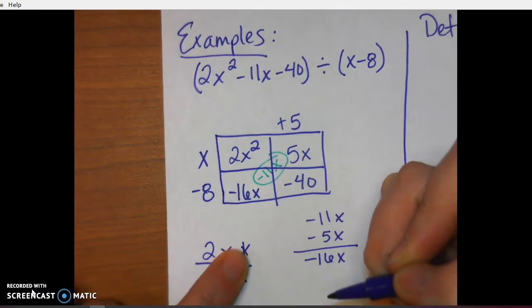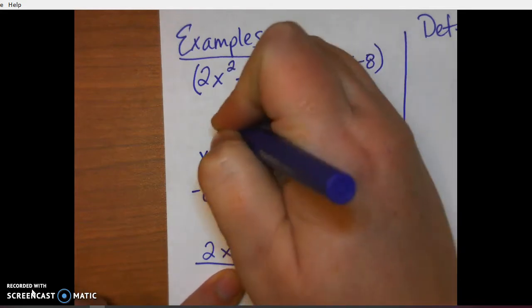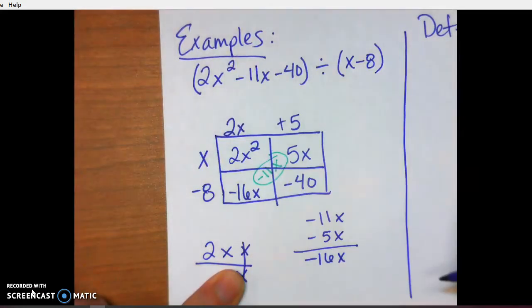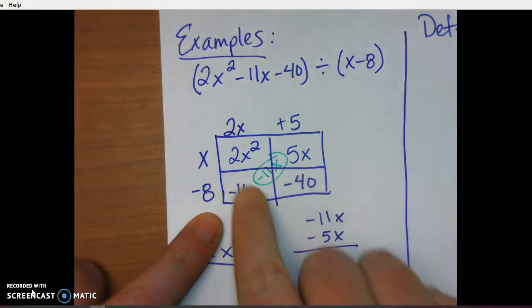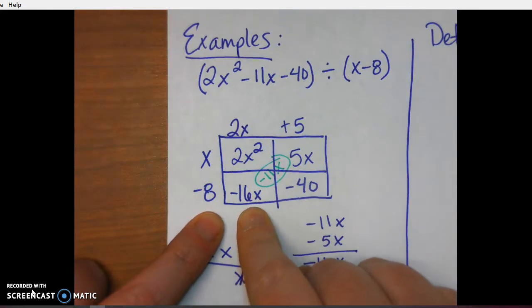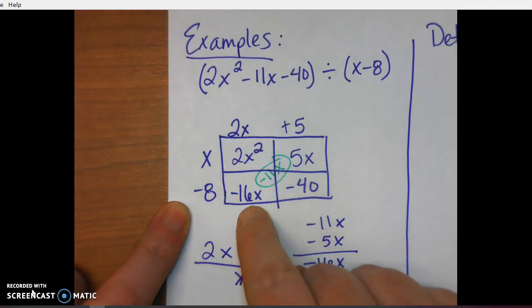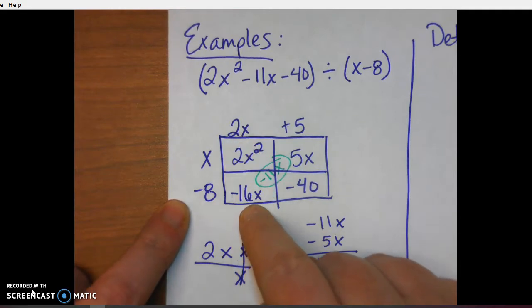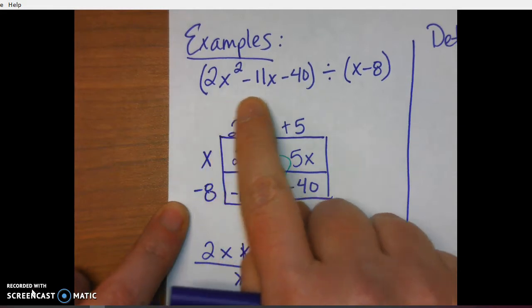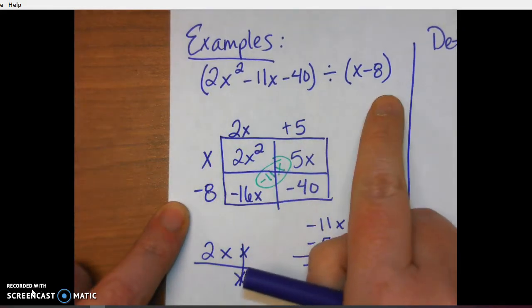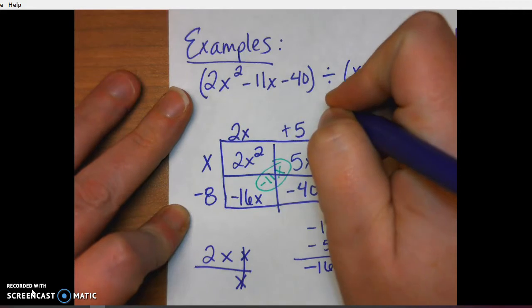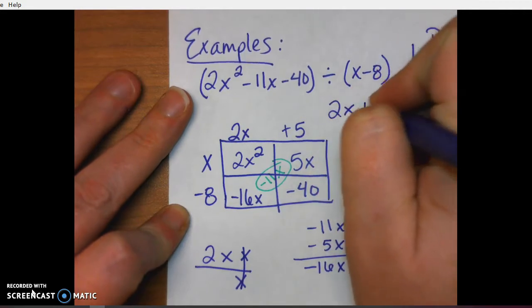What does that leave me with? You're right, 2x. So now let's check this negative 16x and see if we did well. Negative 8 times 2x gives us negative 16x. So the answer to this divided by this equals 2x plus 5.